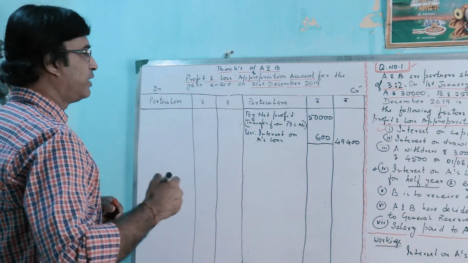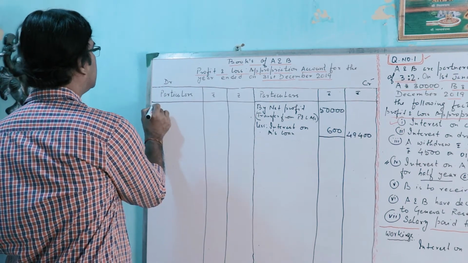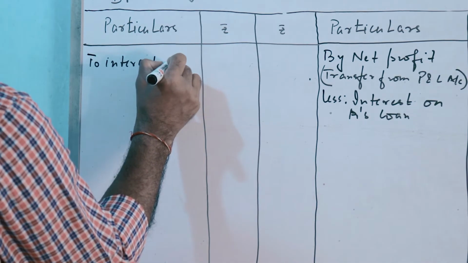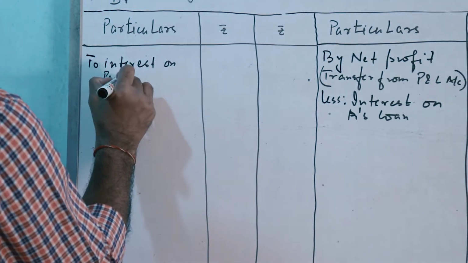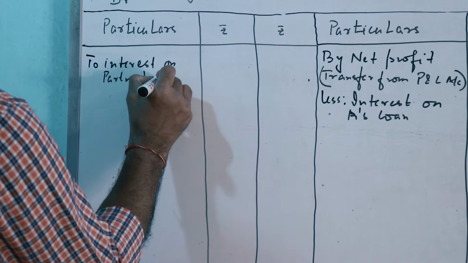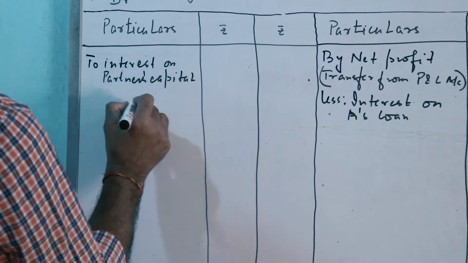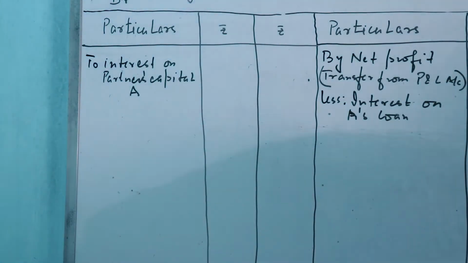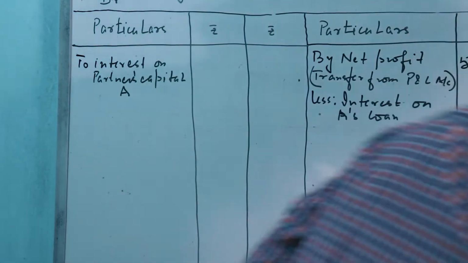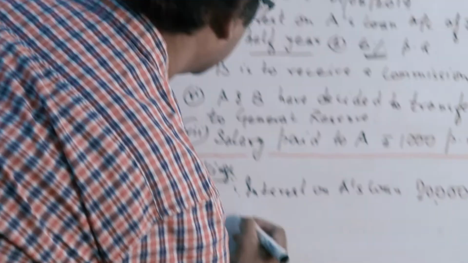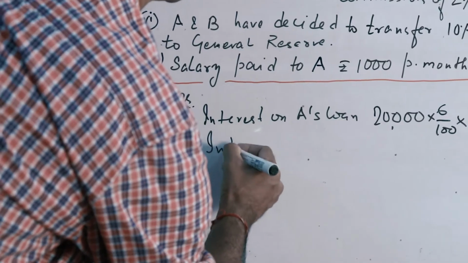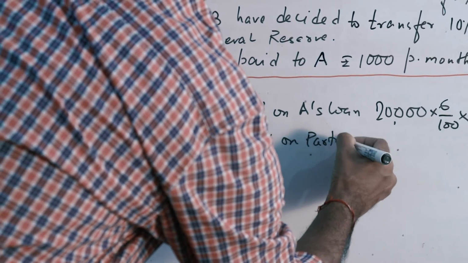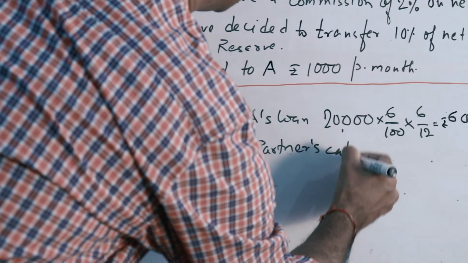So now I will debit interest on partner's capital. Interest on partner's capital.